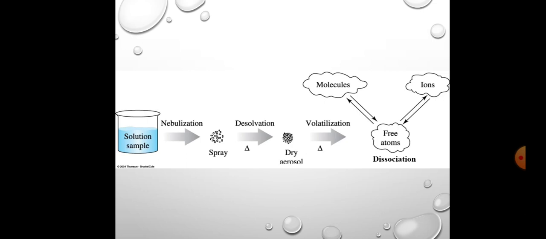This step is called dissociation. So we have nebulization and desolvation, volatilization and dissociation. Of course, the free atoms are in equilibrium with molecules, and at a higher temperature these free atoms can be partly ionized, so they can be in equilibrium with ions as well.